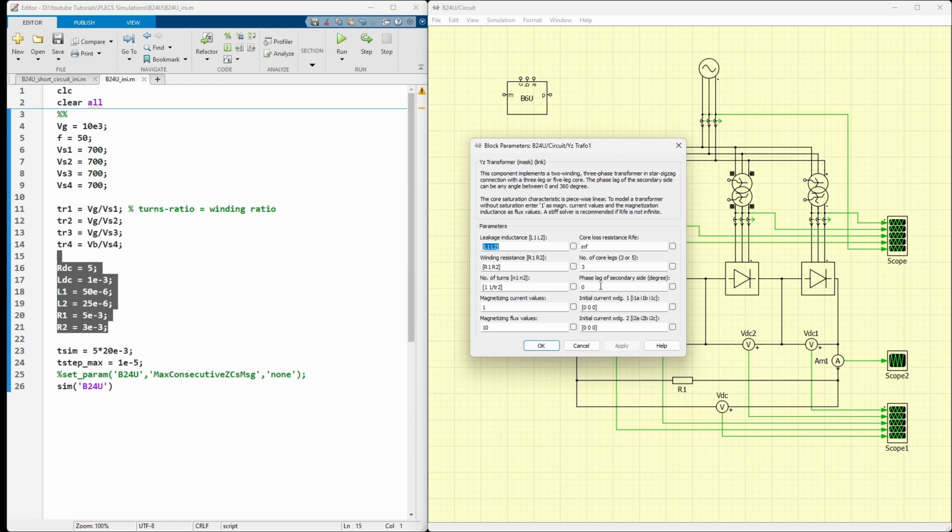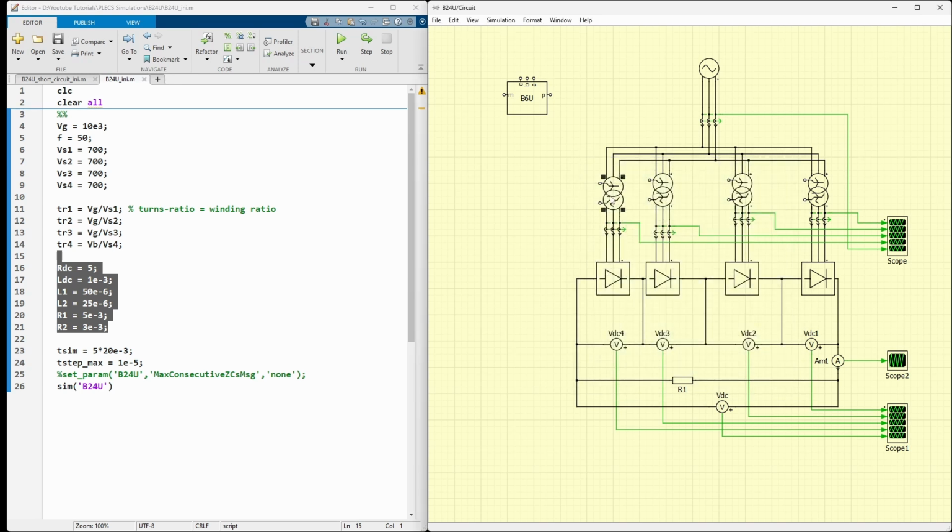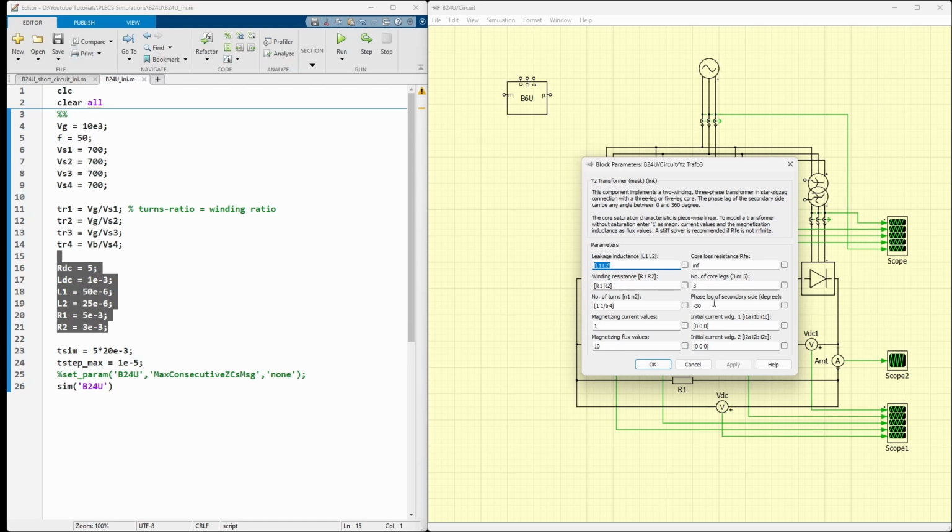We have 0 phase shift and winding ratio TR2. For the third one, we have plus 15 degrees. Since it's a lag, if we take minus 15 degrees, it will be a leading phase shift. And the winding ratio is TR3 as specified, and TR4 here, with a leading phase shift of 30 degrees.